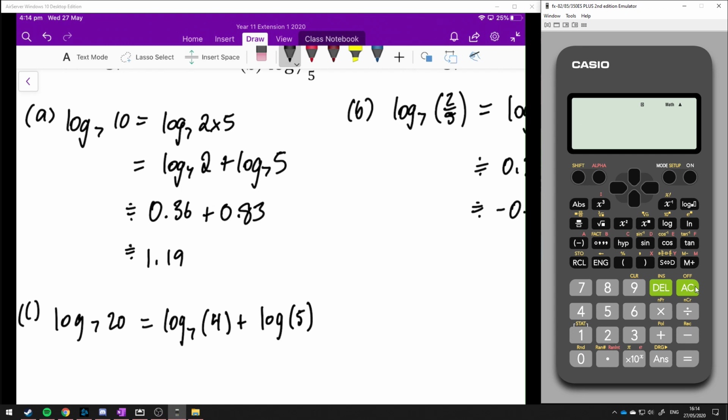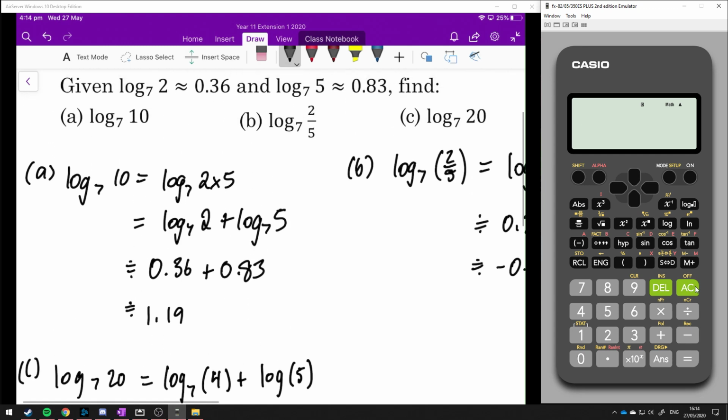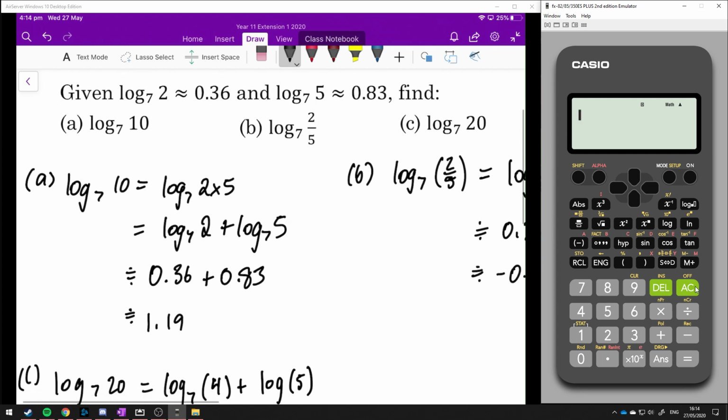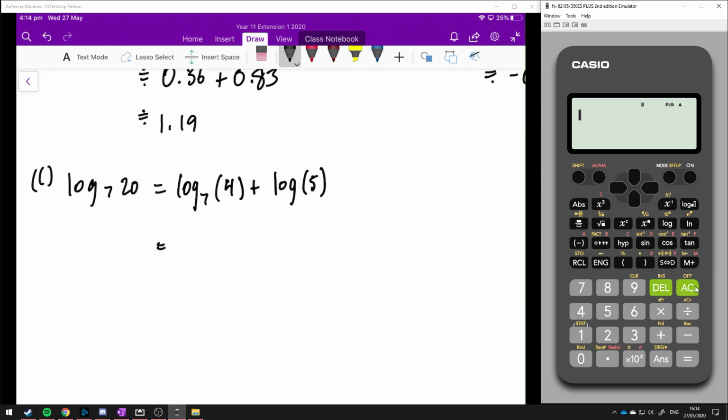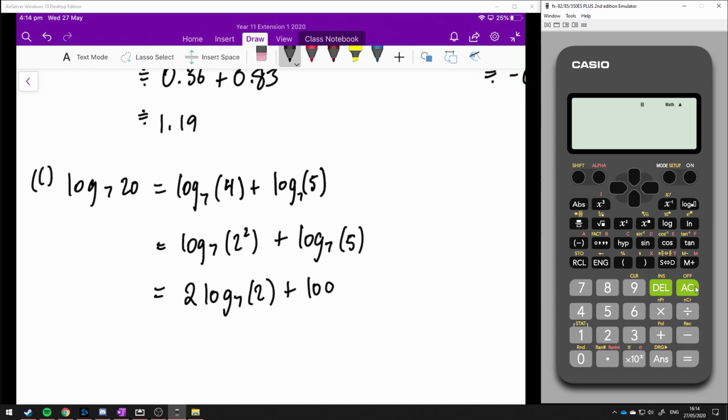So 4 times 5, which is 20. Okay, and we know what the log value of 5 is, but we don't know what the log value of 4 is. But we do know that log 7 of 4 is equal to log 7 of 2 squared. Okay, so we can rewrite this as 2 log 7 of 2 plus log 7 of 5.